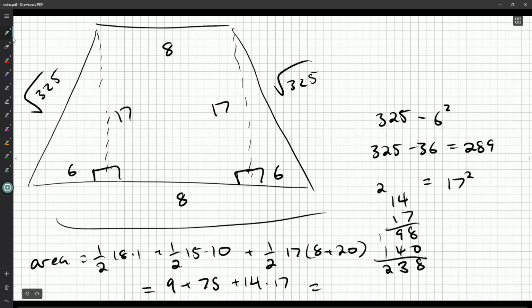So we get 9 plus 75 plus 238. 9 and 75 is going to be 84. 4 and 8 is a 12. Carry the 1. 1 and 8 is 9. Plus 3 is a 12. Carry the 1. So we should be looking at a final answer of 322.